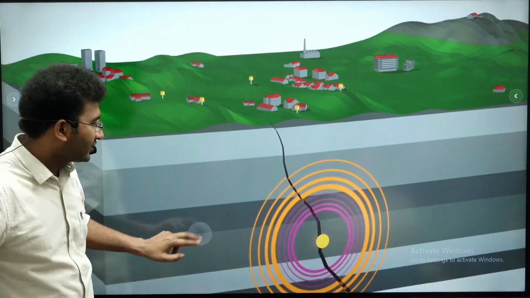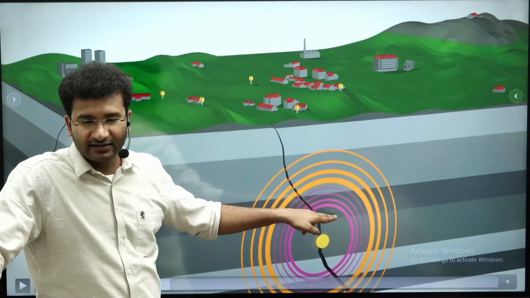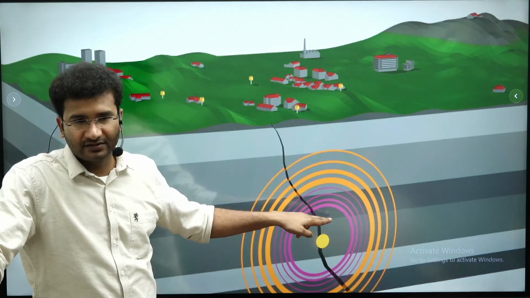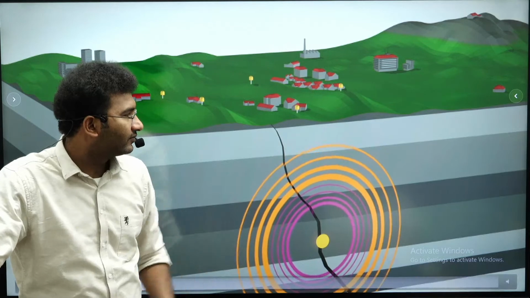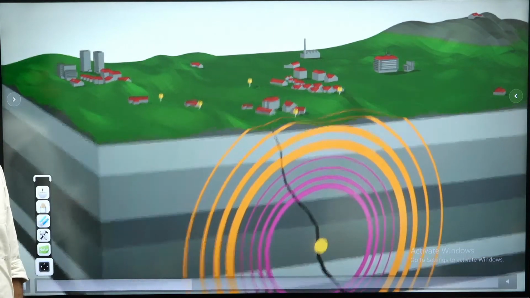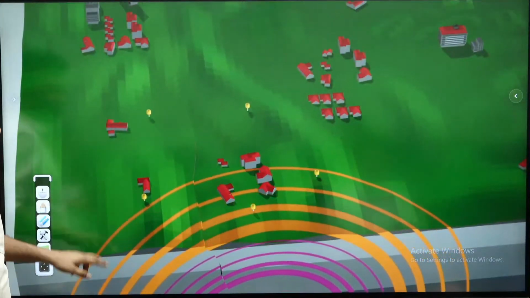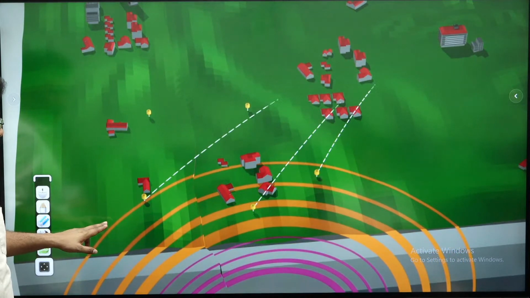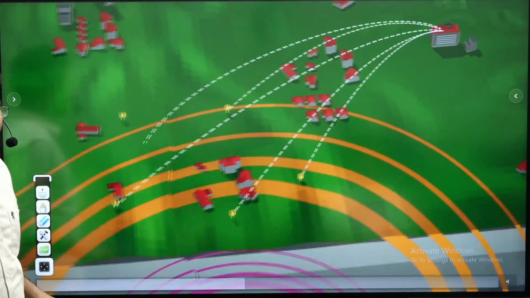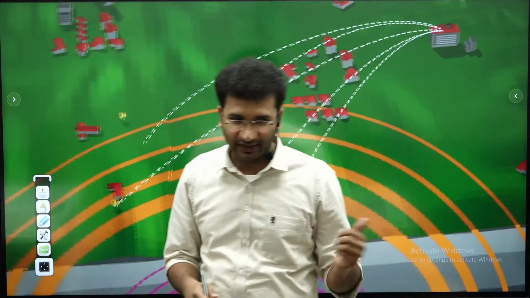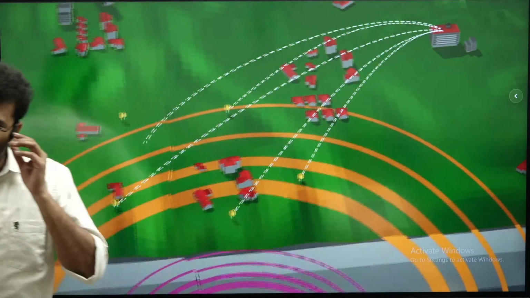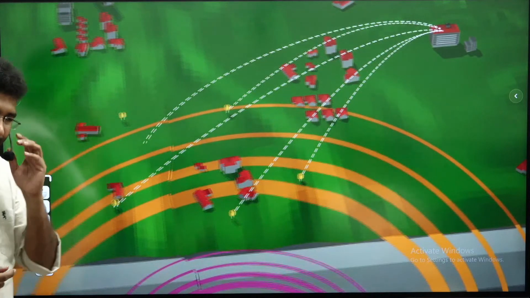So you see, the pink color waves are nothing but secondary waves. These are P waves. कुछ ऐसा अगर हमारे पास, if you have an idea where we can predict that the earthquake is coming, ठीक है? We will go have some water and come. ठीक है?